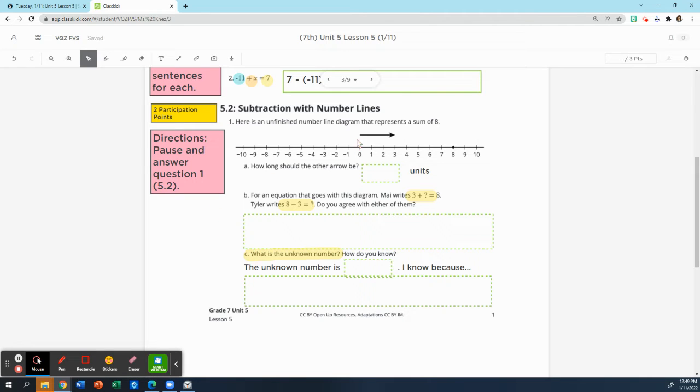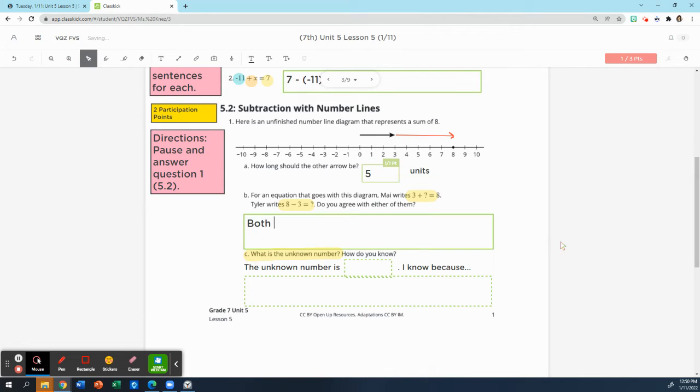Okay, so you should have given this a try on your own, and hopefully you saw that we were adding 5, and we can tell just by the fact that our sum is 8, and so we know that we're moving from 3 up to 8, which tells me that our other arrow should be 5 units long.